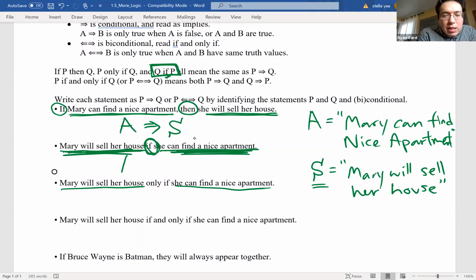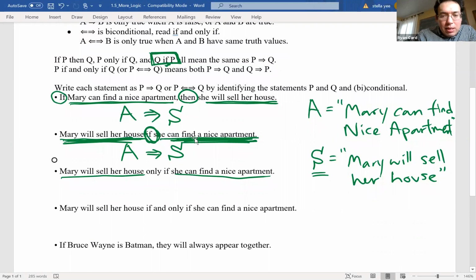So the second statement actually means the same thing. It's just a different way to say the exact same sentence. Mary will sell her house if she can find a nice apartment. So finding the nice apartment will point towards Mary selling her house.